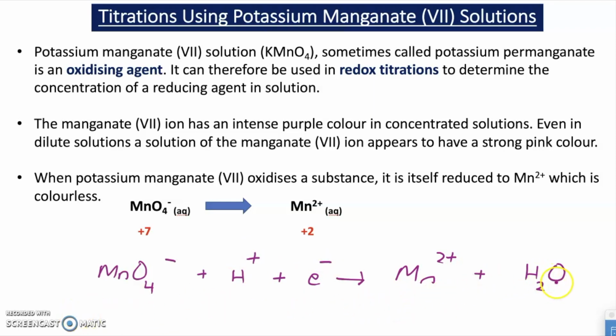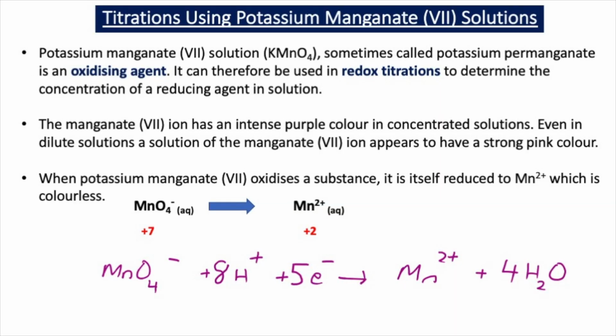Because there are 4 oxygens in the manganate 7 ion, I need 4 H2O to make sure that the equation is balanced. And if I put 4 H2O there, I have 8 H's, so I need 8 H plus. Now all I need to do is make sure that the charges are balanced on either side of the equation. So we have MnO4 1 minus, we have 8 H pluses, so that's a total of 7 pluses, and on the right hand side it's 2 plus.